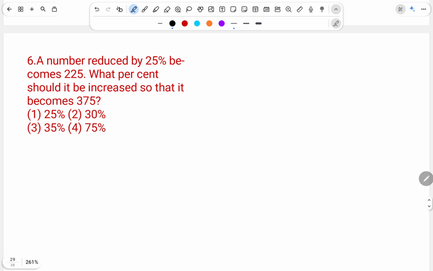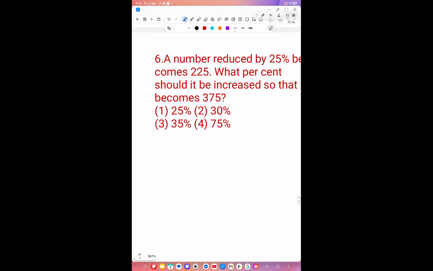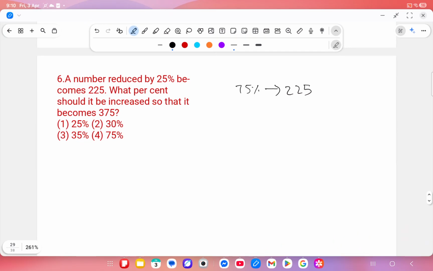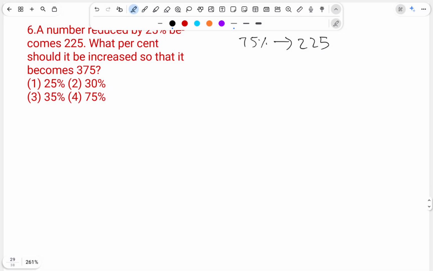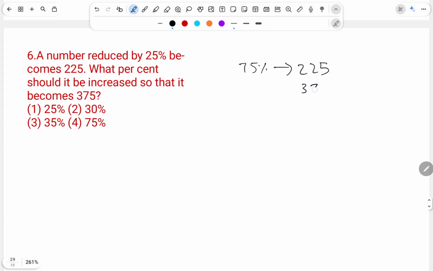Next question. A number reduced by 25% becomes 225. What percent should it be increased so that it becomes 375? My number when decreased by 25% means 75% is 225. Then to become 375, it should increase by what they are asking.